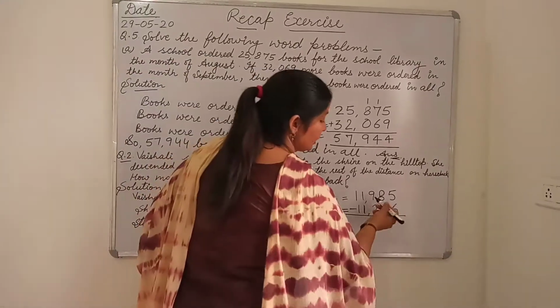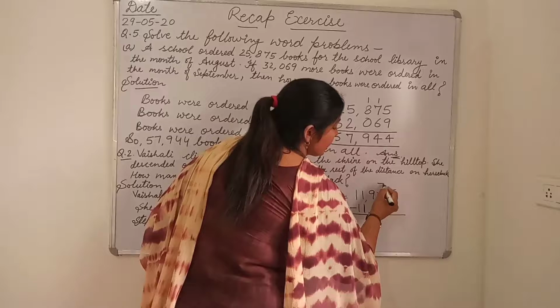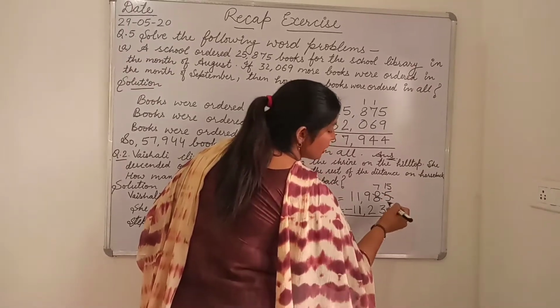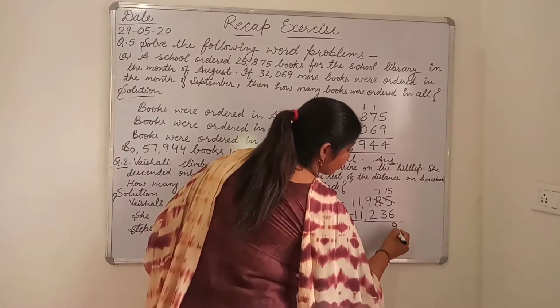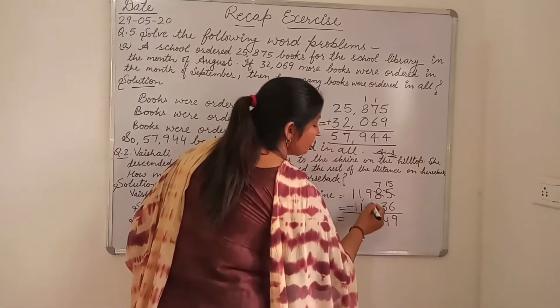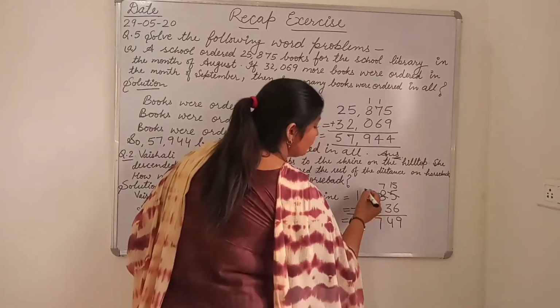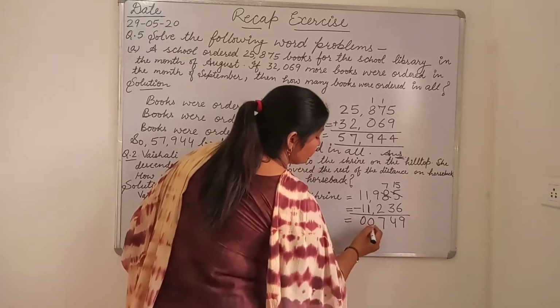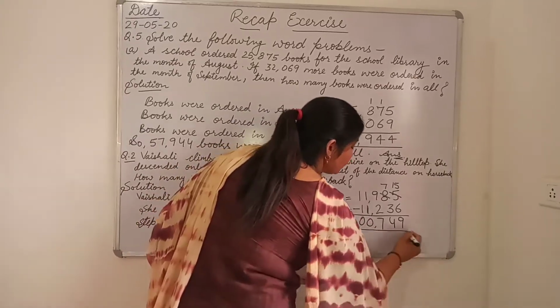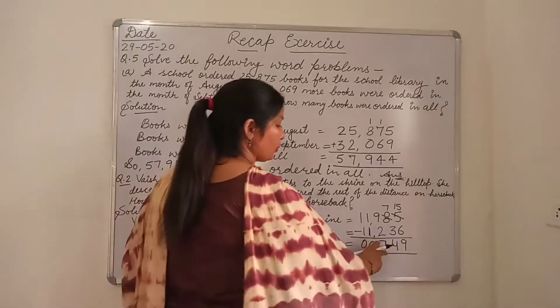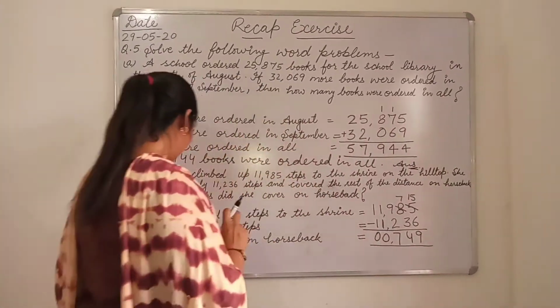There is 8, so now there will be 7 and there is 15. Now 15 minus 6 is 9. Now 7 minus 3, 4. 9 minus 2, 7. 1 minus 1, 0. 1 minus 1, 0. So how many steps did she cover on horseback? 749 steps.